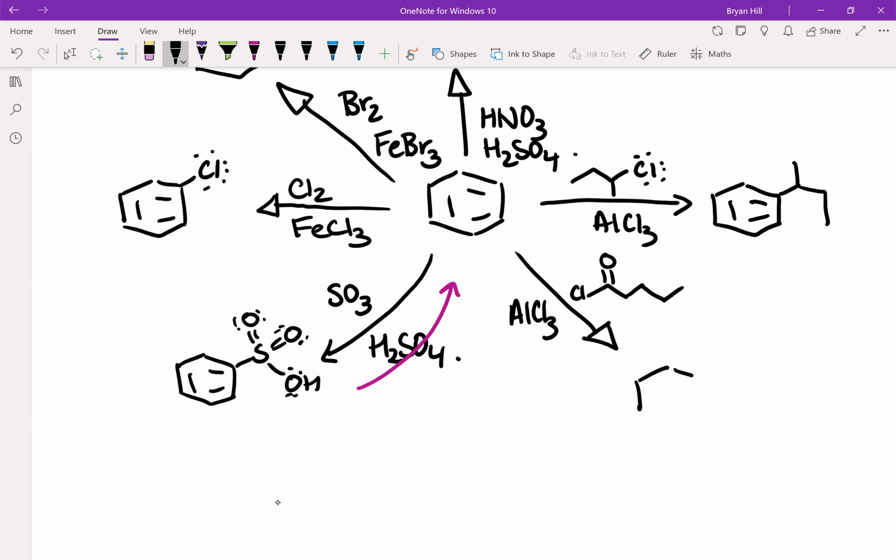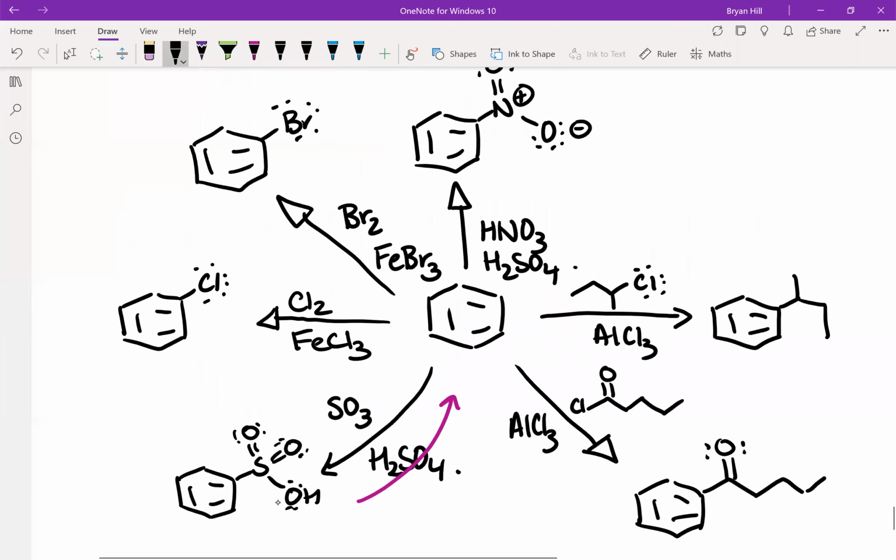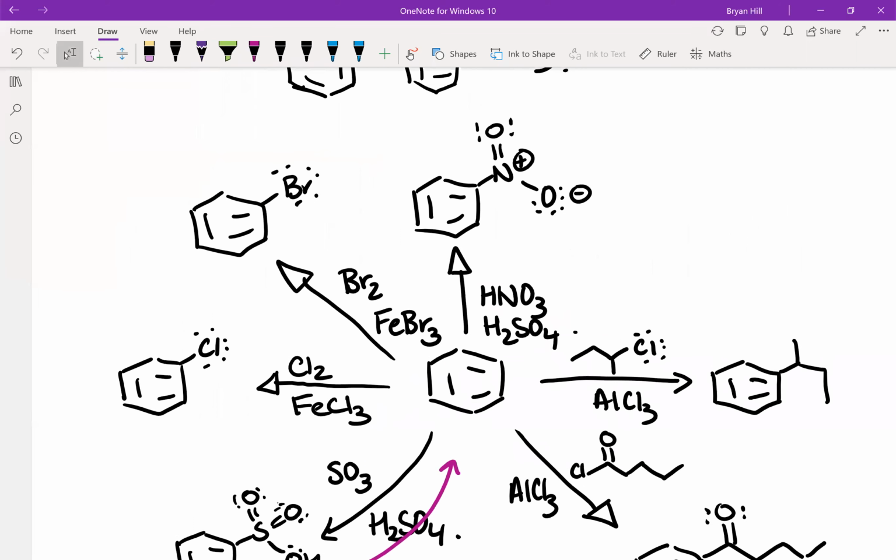I guess there's one little point I should bring up as well. You will notice that there's no way to make this. There are a number of ways to actually take this nitro group and reduce it. Reduce, and this will make an amine.